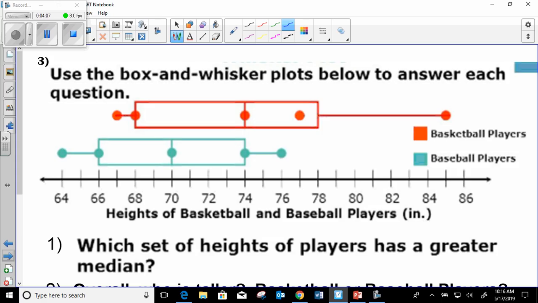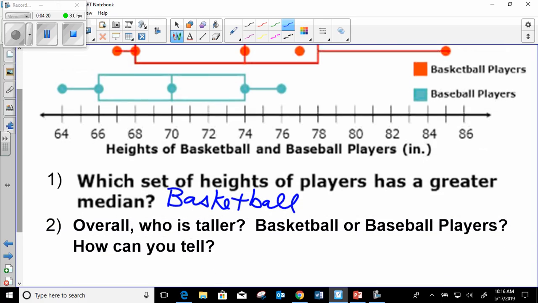Basketball players, yes. Basketball players are probably taller overall than baseball players, though I know there's tall baseball players too. But, all right, number 2. Overall, who is taller, basketball or baseball players? And how can you tell?